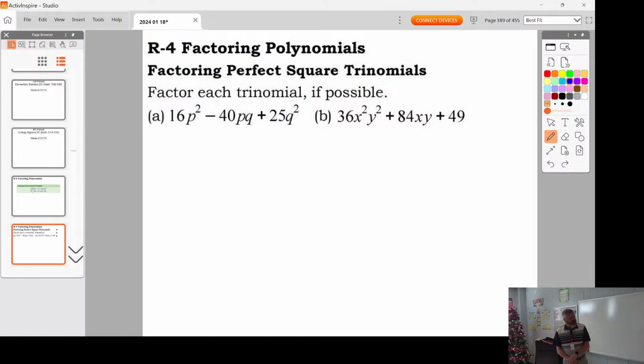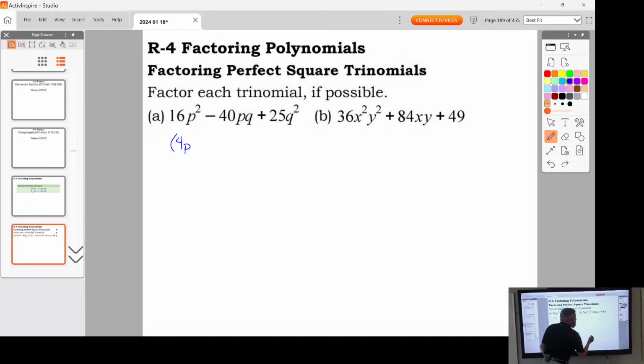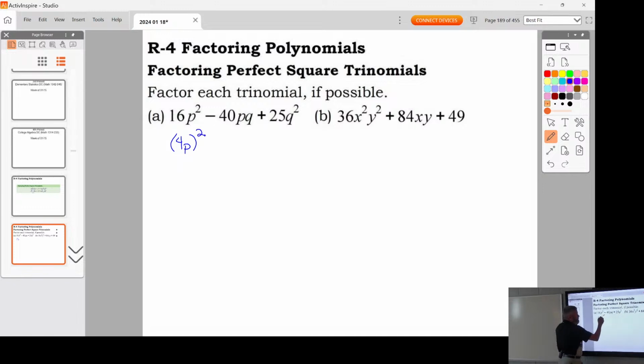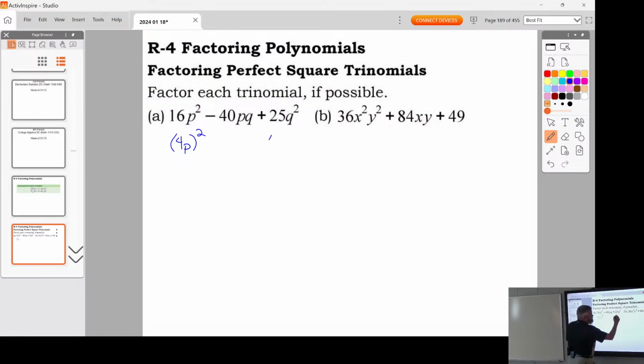What do you square to get 16p squared? 4p. So this came from 4p squared. So it is a perfect square. 25q squared, perfect square. What did you square to get 25q squared? So if I took 5q and squared it, that's where that comes from.